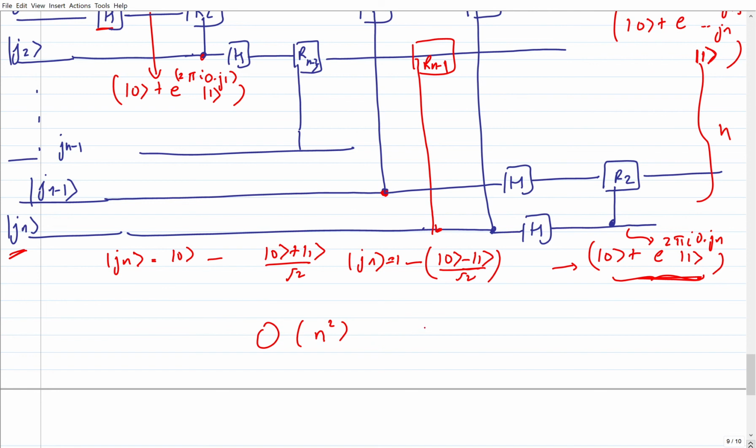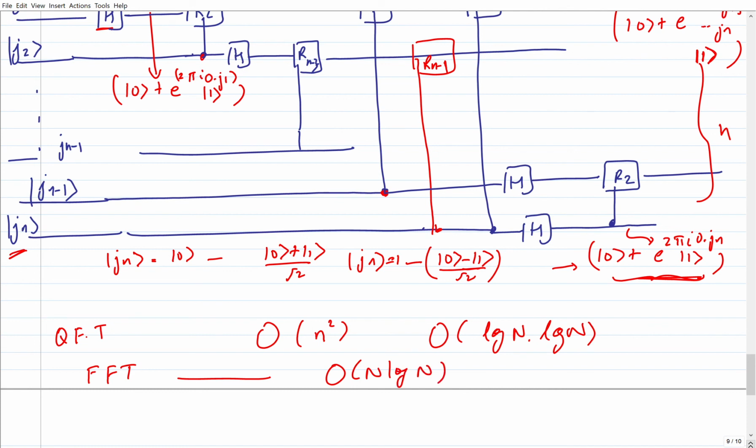Compare it to the classical, so that's going to be log n times log n, sorry, log large N times log large N. This is the quantum Fourier transform, whereas the FFT, the fastest classical algorithm, was order N log N, and the naive Fourier transform classically was order of N squared.